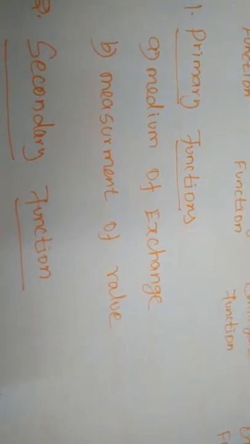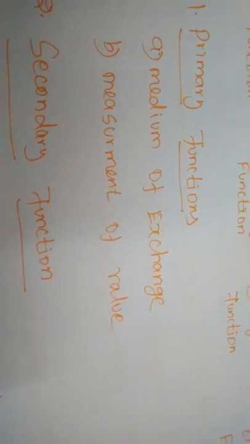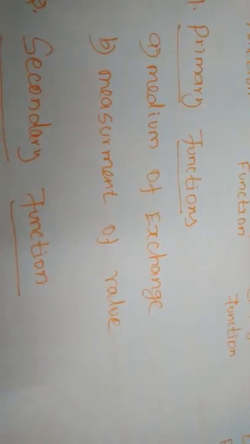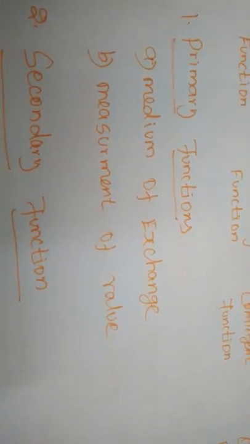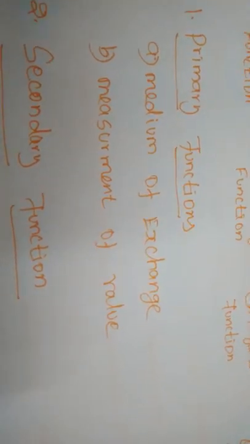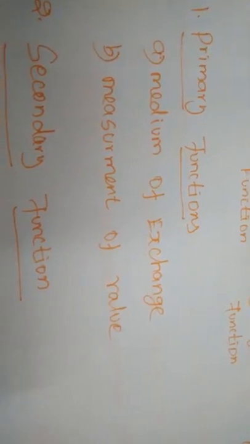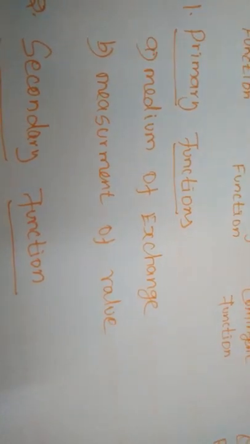So the two most important obstacles in the barter system, the medium of exchange and the measurement of value, were reduced after the invention of money. So now we are using currency money.